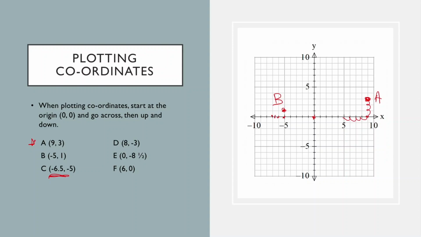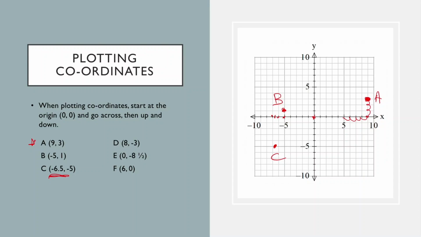After we find the x coordinate, we find the y-coordinate, which is -5. That is C, halfway between -6 and -7 because it's 6.5, and down 5 points. Now, just be careful when you are plotting these, you are plotting them where the lines meet, not in the middle on the crosses.